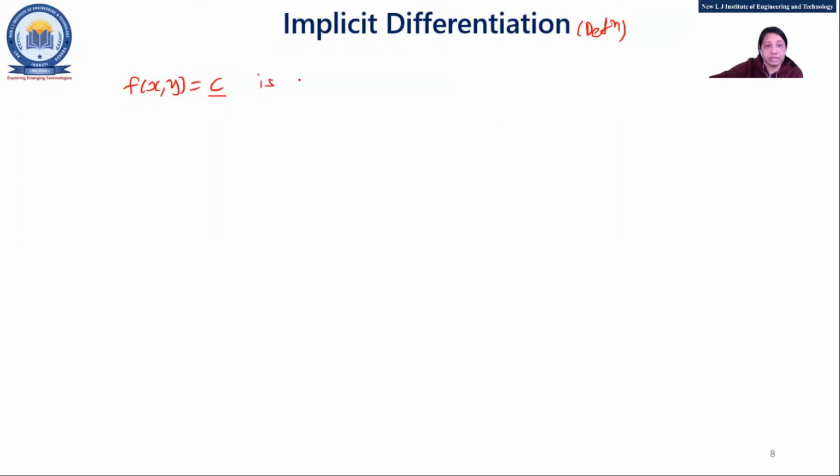So this is called an implicit function. Y is a function of x and c is a constant. This is called an implicit function when y is a function of x and c is constant.